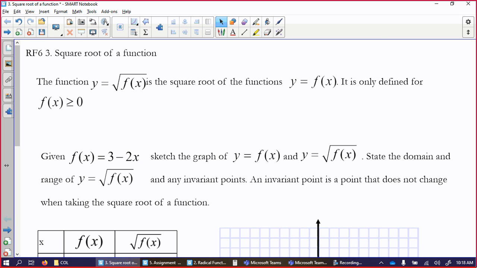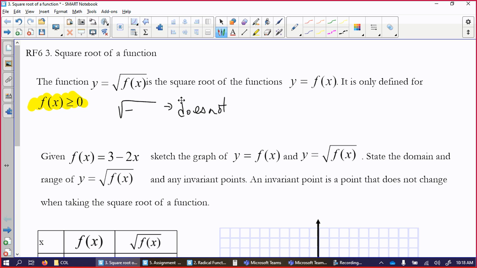It's only defined when the function is bigger than 0. And we should all hopefully see that this is okay, because when it's less than 0, can we take the square root of a negative number? So when f of x is less than 0, it's negative, and that doesn't work.